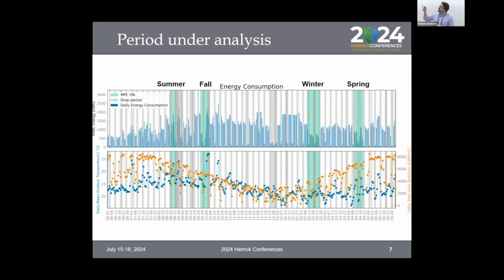The gray areas are weekends where the system didn't work, or periods where the data was a bit shaky, so we dropped them. In green, you have the 4 tests that we carried out with the 4 different prices. Those are 2 weeks of continuously running the MPC for each of the seasons: summer, fall, winter, and spring.